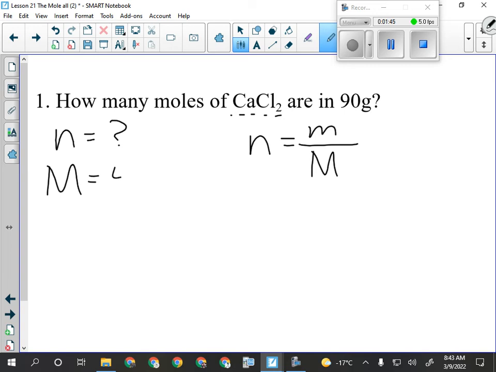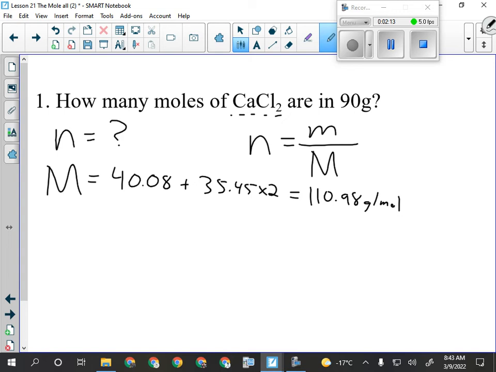So I take the atomic mass of calcium and I write it down, 40.08. And then I add on how many chlorines? 2. Okay? So I look up the atomic mass of chlorine, it's 35.45. Since there are 2 chlorines, I multiply that by 2. And I'll get that the molar mass of this material is 110.98 grams per mole.